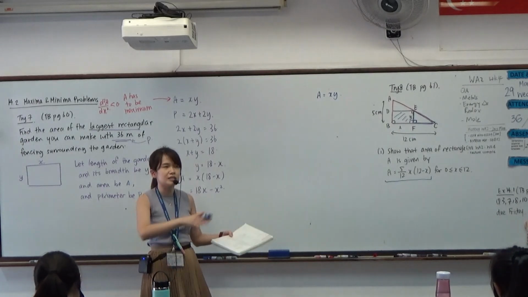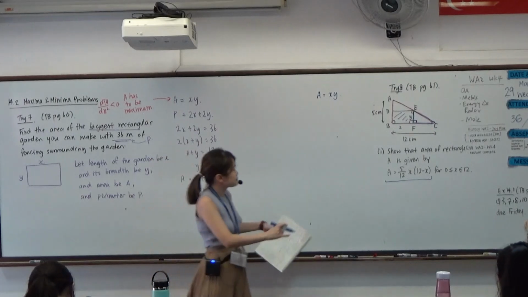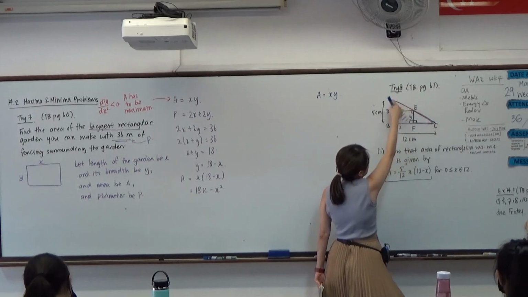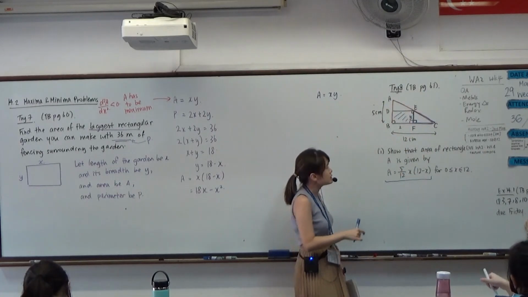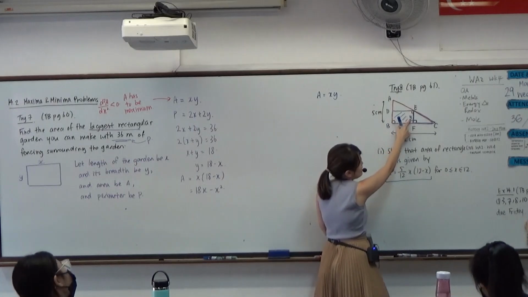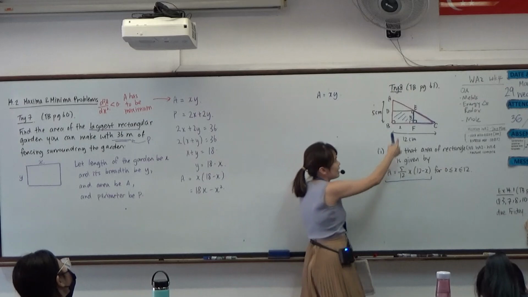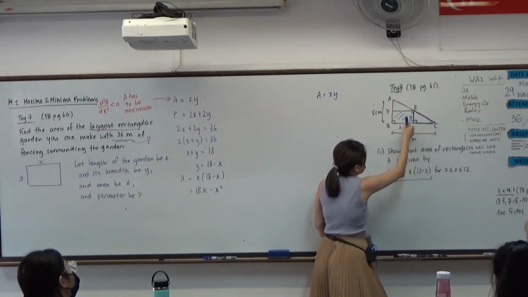You cannot anyhow just base on appearance to think that they are similar. Therefore, we recognize that the blue smaller triangle here is similar to the larger triangle. Why do I choose these two triangles? Because I want to change my y in terms of x, so I want a triangle whereby y is inside it.